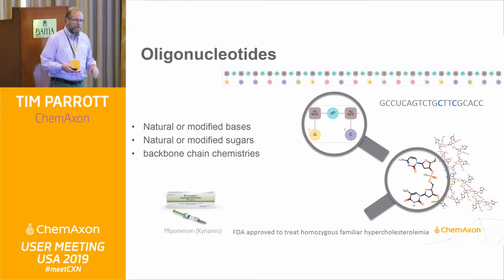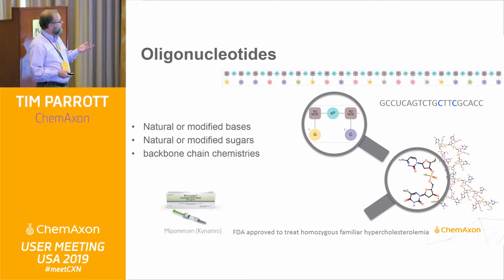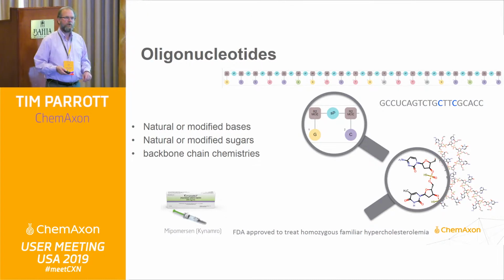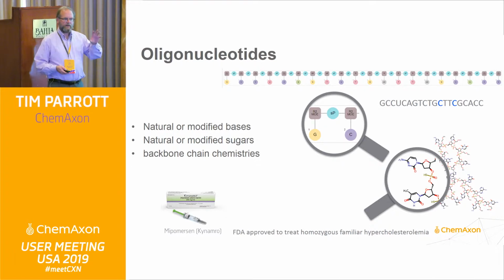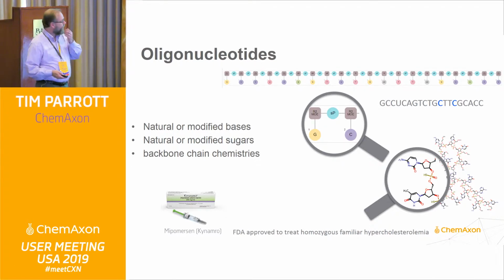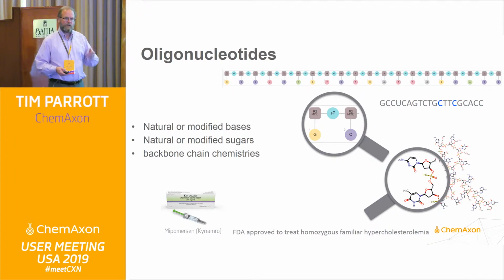Of course, we can also do oligonucleotides, and as I mentioned, we have the ability to have not only the natural components, but also substitutions at the base level, at the linker level, and at the sugar level. And not only that, but we can support things such as PMOs, where you have an entirely different backbone, where you don't really have the sugar or the standard phosphodiester bond, but instead you have those morpholino linkers.